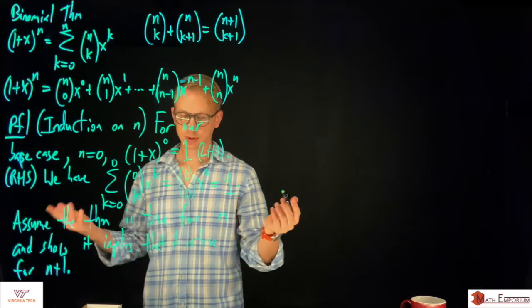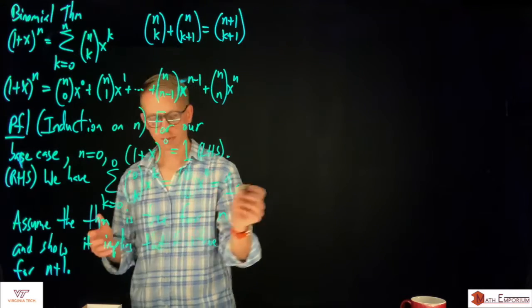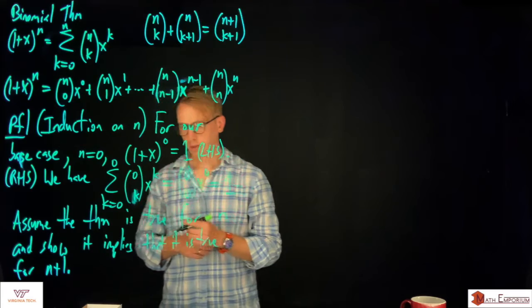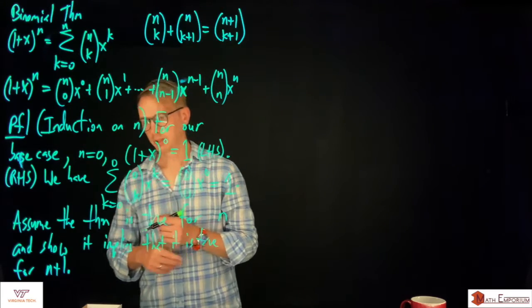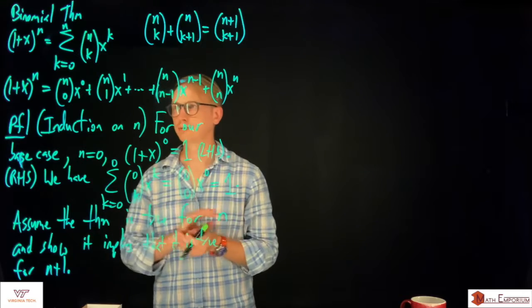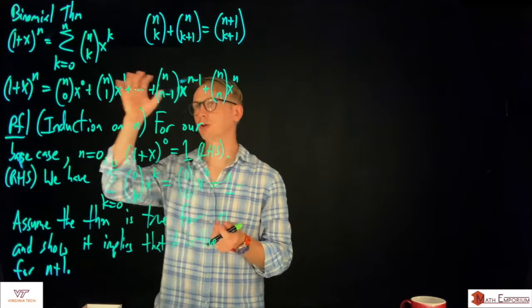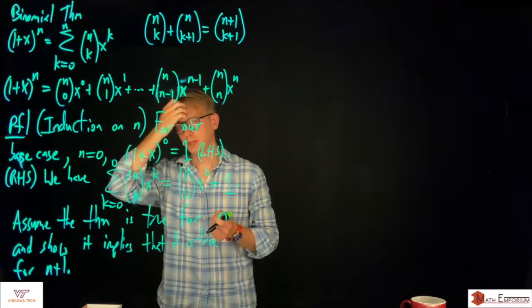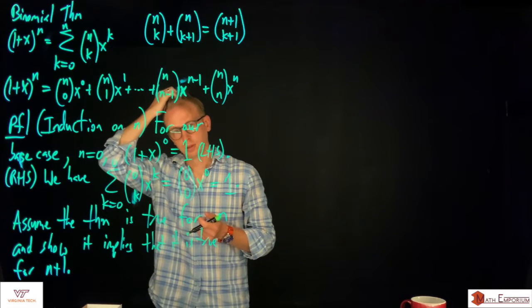Some other people might put a prime on here, like n prime, something like that. So if you feel like that adds clarity to your writing in induction, go for it. I'm just not going to add extra variables due to the number of variables we already have. Okay, so I'm just going to use n and n plus 1.